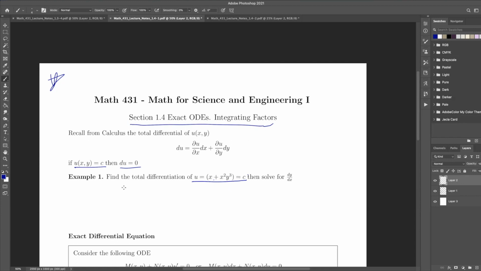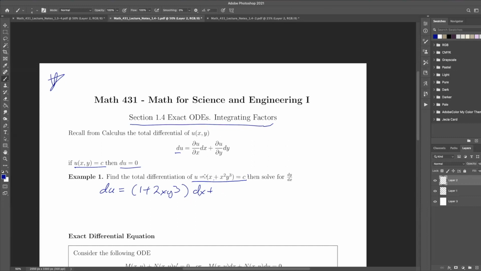So if I totally differentiate this, using this formula, du is equal to the partial of this with respect to x, which is 1 plus 2xy cubed, dx, plus, hold on, here we're going to take the partial of u with respect to y.